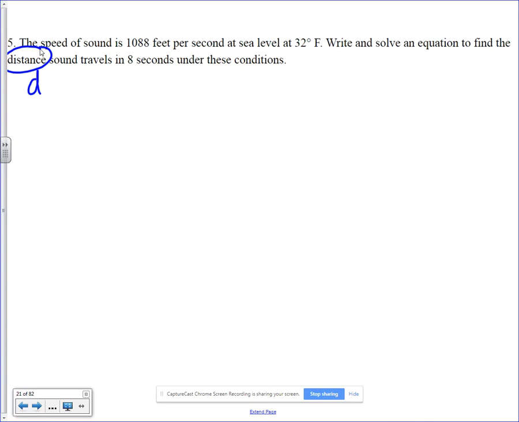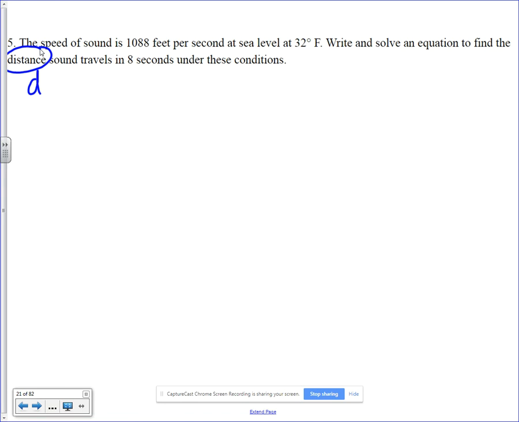Okay. So how am I going to find distance if I know a speed and I know an amount of time? Multiply them. I want you guys to think of this scenario. I'm driving at 50 miles an hour and I'm driving for 2 hours.